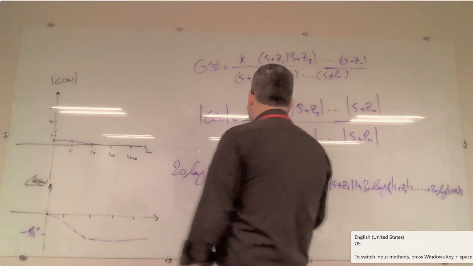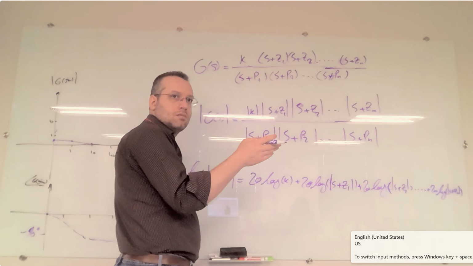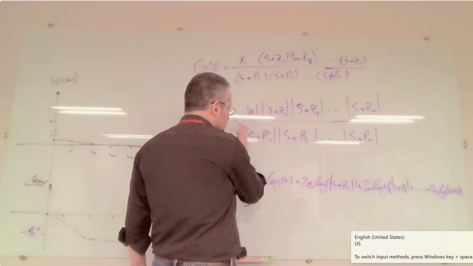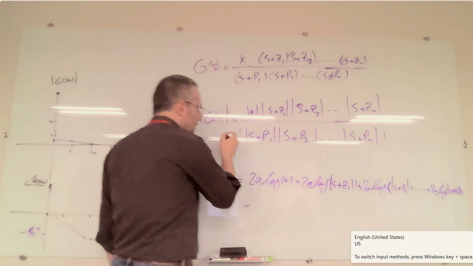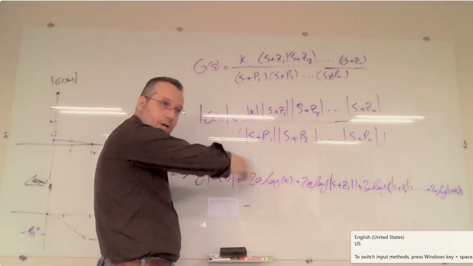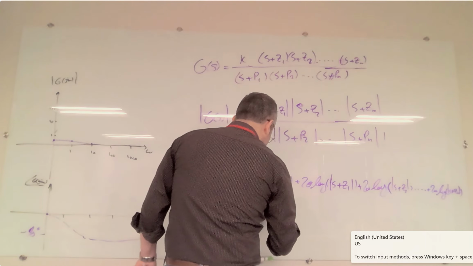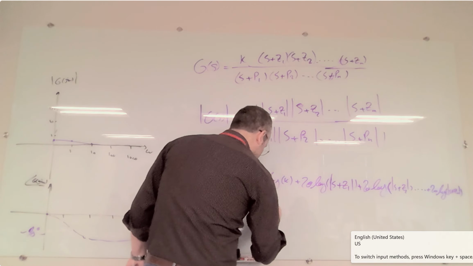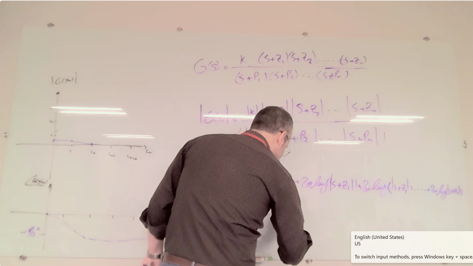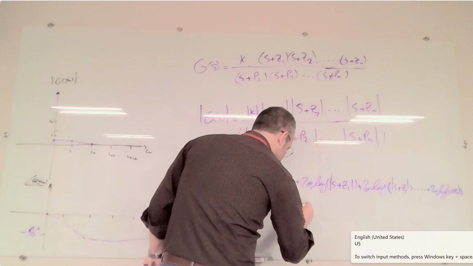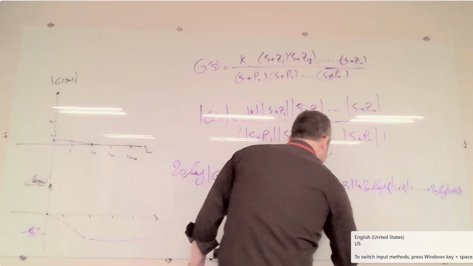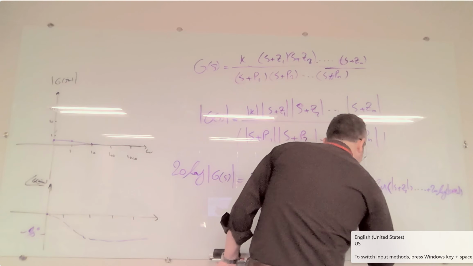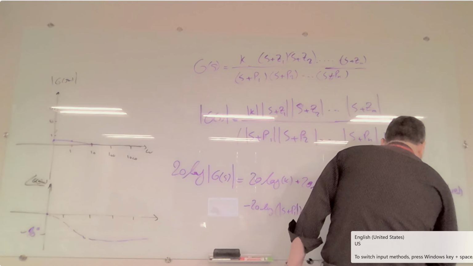And for the denominator, it's just minus in logarithmic. These all are summations, but they have a minus because of the denominator, so they all become minus. So minus 20 log of the first pole, minus 20 log of the second pole, all the way to the last pole.